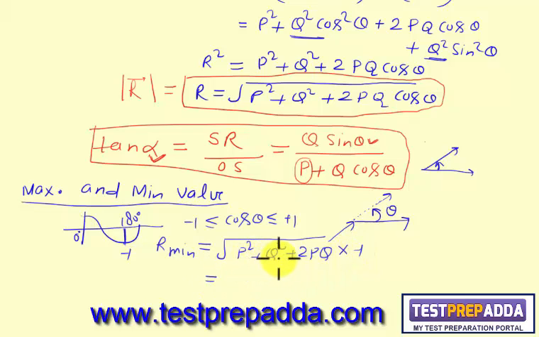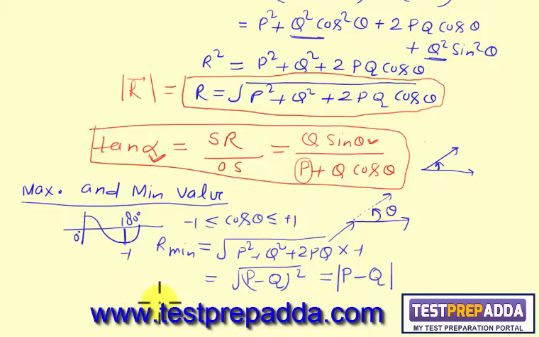So it becomes P square plus Q square minus 2PQ, which can be written as (P minus Q) square. And that is why at the end we will get P minus Q. So this is the minimum value of the resultant.